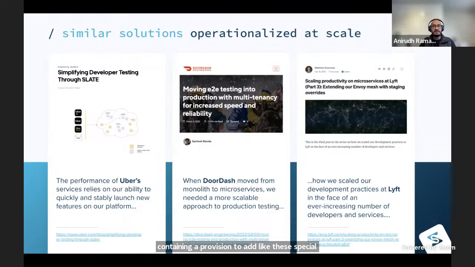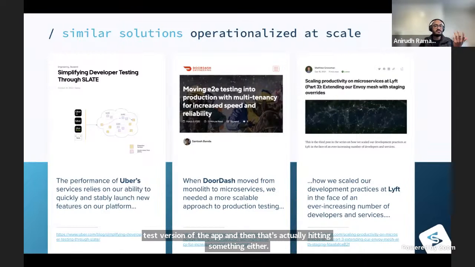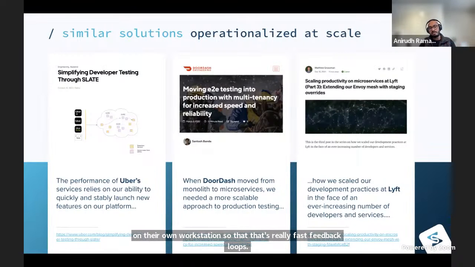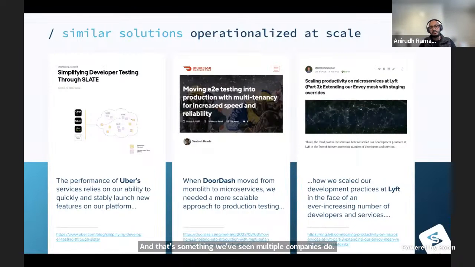So add a baggage header there. As a developer, they would add the baggage header on that test version of the app, and that's actually hitting a sandboxed version of something either in the cluster or on their own workstation. So that's really fast feedback loops, and that's something we've seen multiple companies do. And I would highly encourage reading more on the DoorDash blog as well, because there's good details on it.